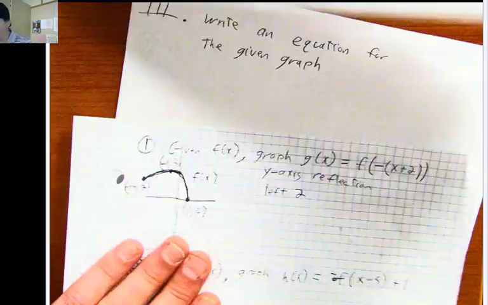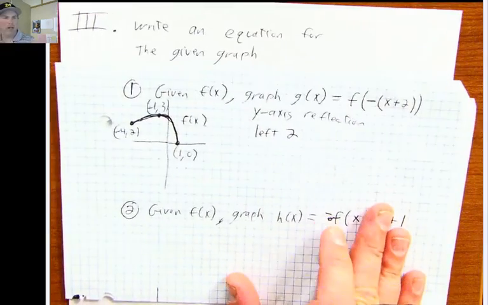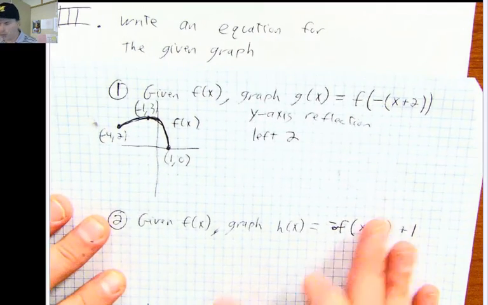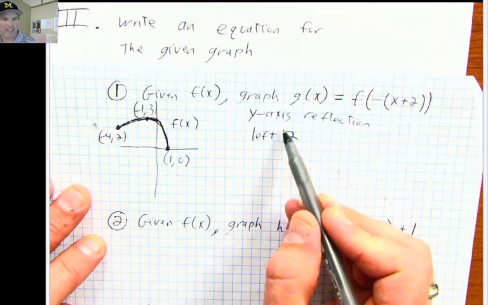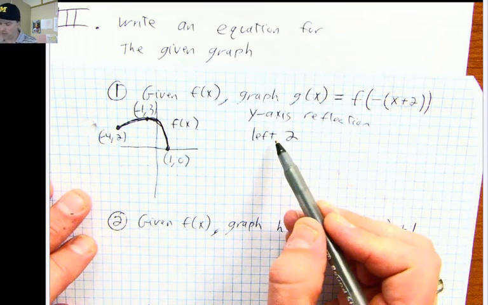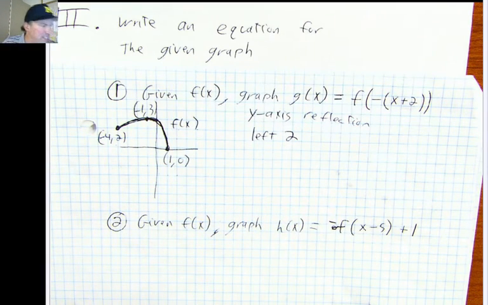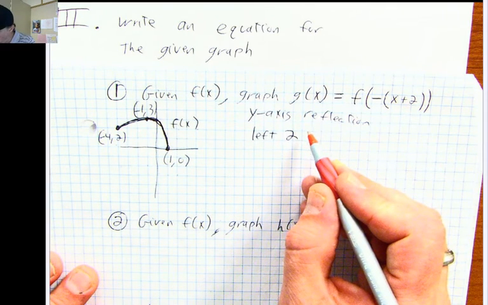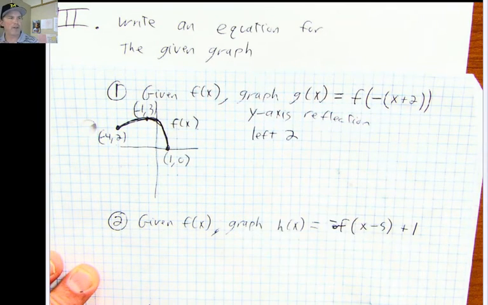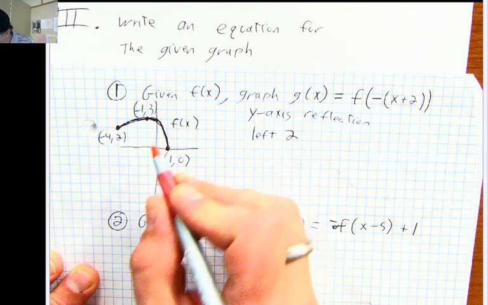Okay, so back to this work. I have these 3 points, and I need to reflect them over the y-axis and go left 2. I should do that with a secondary color, so I'm going to use red. First I'm going to do this as if I am on team graph paper.